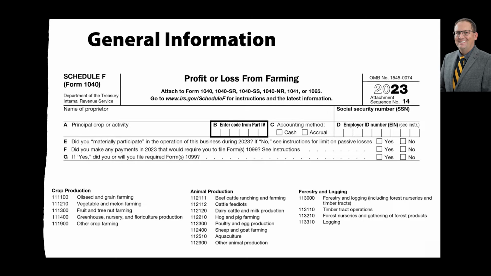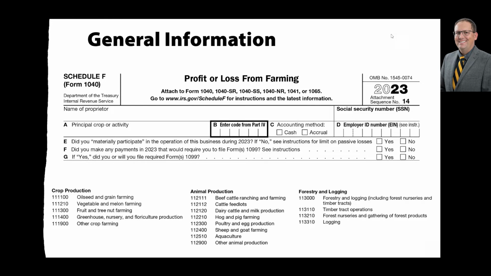Keep in mind, it's not always clear cut and there's going to be some variation here. Take farming services for others. That could be, for example, custom farming for somebody else, so maybe you go in and till their land for them and they pay you for that service. So it could be hiring somebody else to do work.